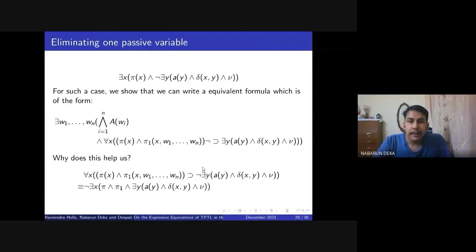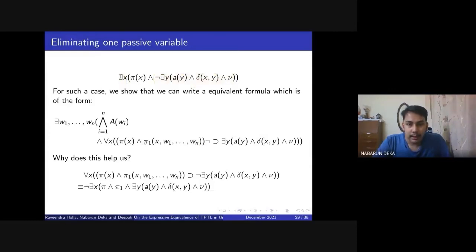Now what happens if we have a there exists x followed by a not of a there exists? In this case, we can't simply swap the x and the y, because this swapping will not preserve logical equivalence. So in such a case, what we show is that we can find an interval pi1 such that for all x in this interval pi1, this holds.